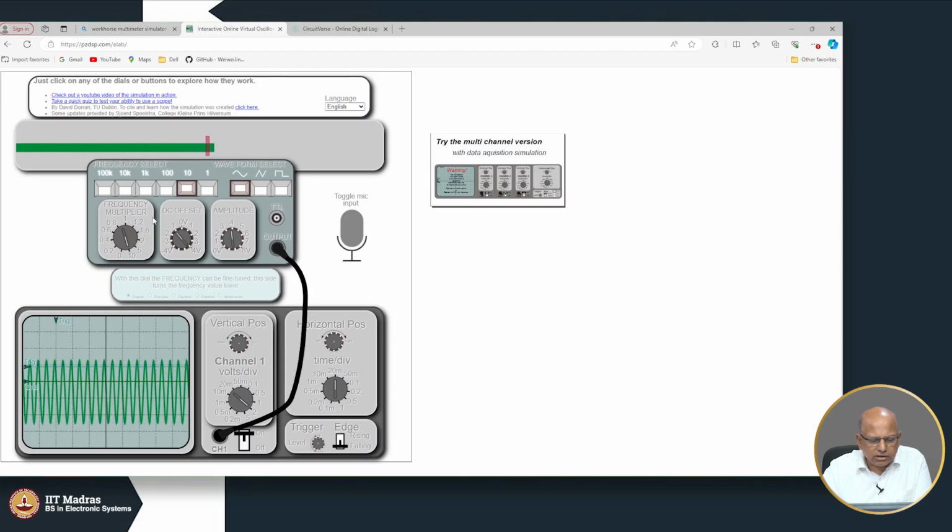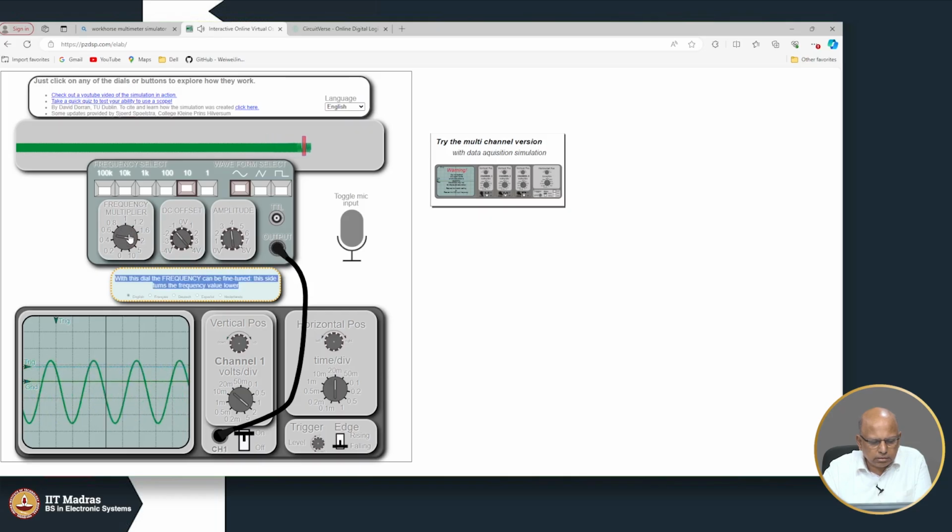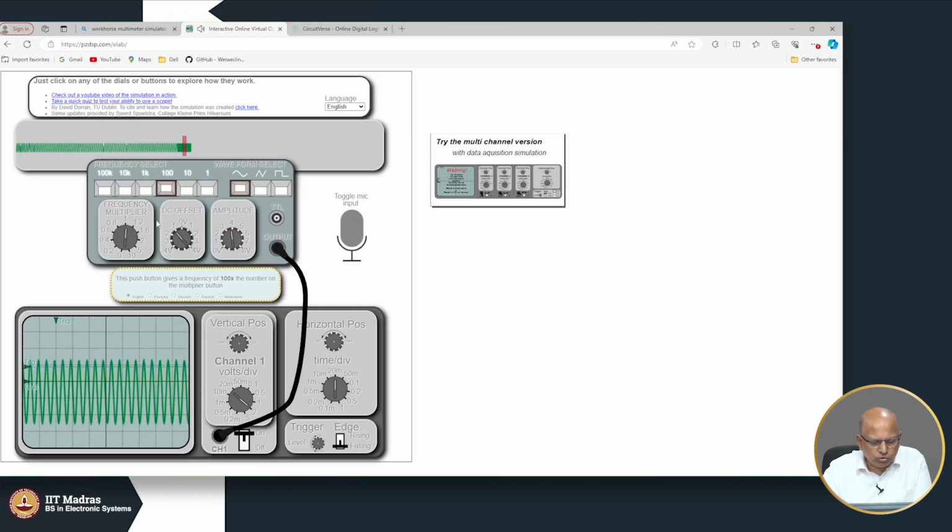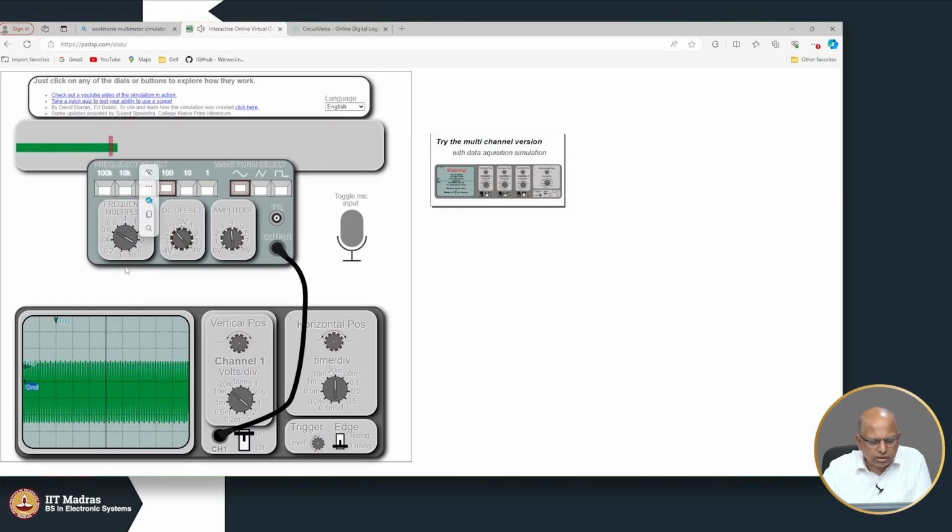Whereas, if I change this, I can go back to multiplier of 1 and choose 100. So, now I have generated a 100 hertz, and I can now generate 120 hertz, 160 hertz, 200 hertz, 500 hertz and so on.